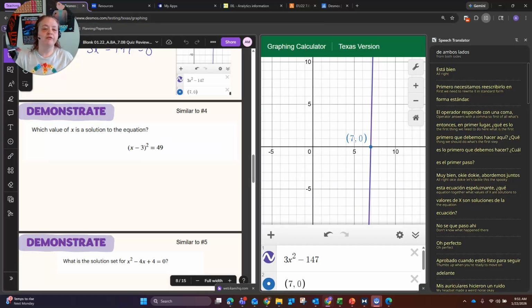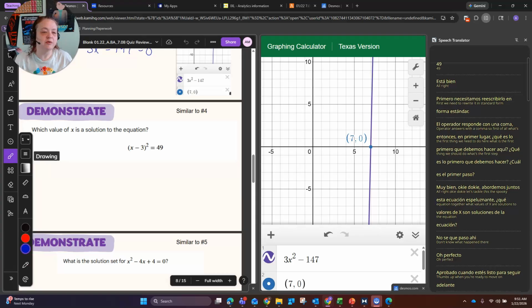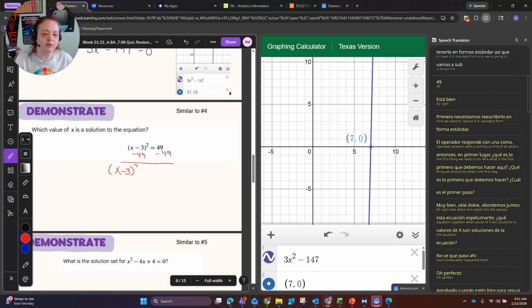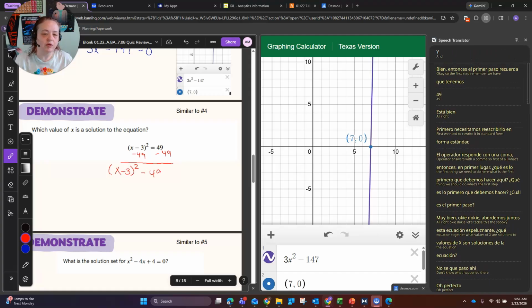Okay. So the first step, remember we have to have it in standard form. So we're going to subtract the 49 from both sides. Again, we don't have to expand out the x minus 3 squared. And now we can plug it into Desmos like it is here. All right.